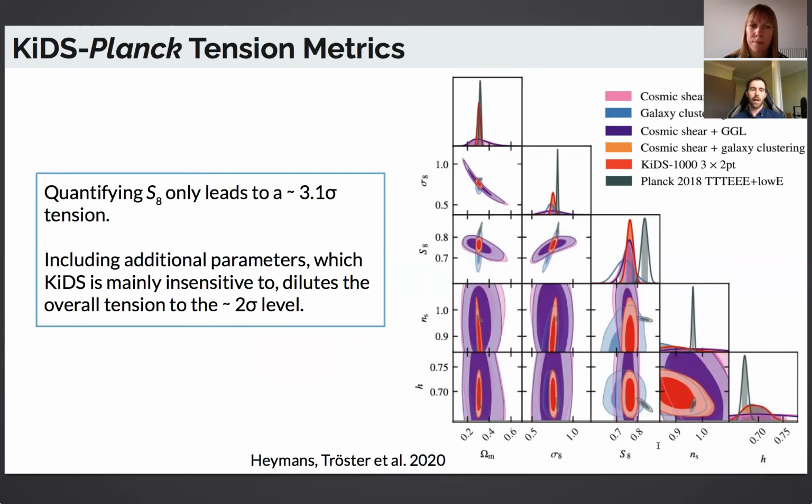Over that high dimensional parameter space, the tension goes down to about 2 sigma. It just reflects that we have good agreement in Omega_m, for example, H is in reasonable agreement, and so on. So depending on the questions you're asking, we're still left with a tension of like 2 to 3 sigma. And it will be very exciting to see what DES and HSC find and where this goes in the future. With that, I'll hand it back to Kerstin for the conclusion.